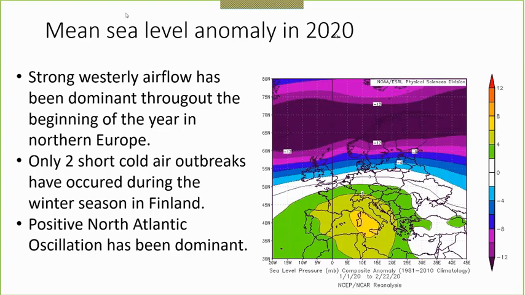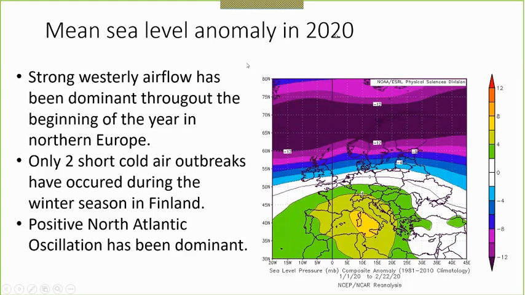As you can see, the pressure anomaly has been really lower than average here in northern Europe, and somewhat higher in the central and southern parts of Europe.